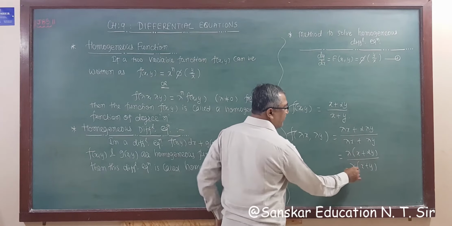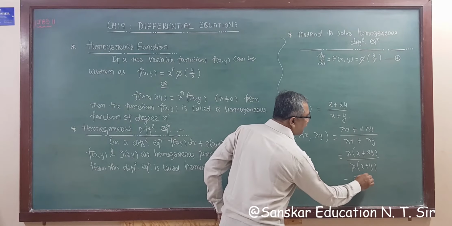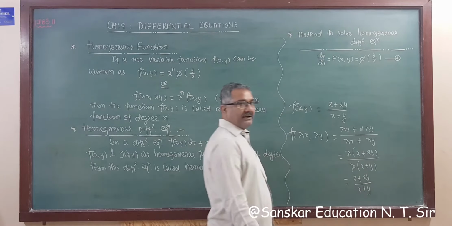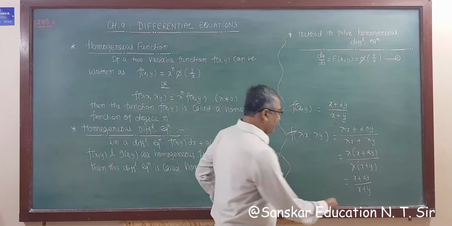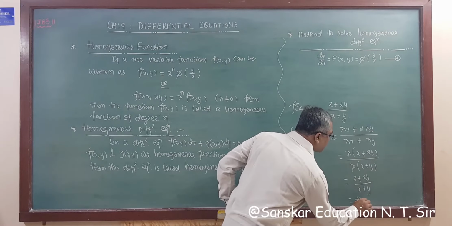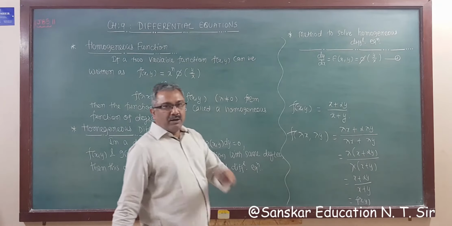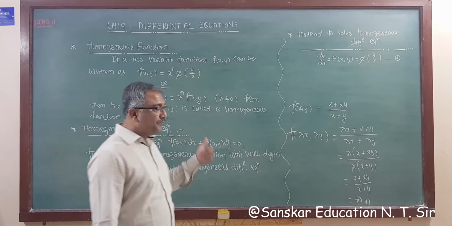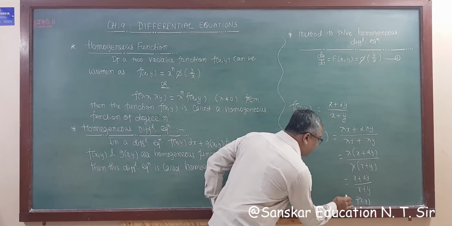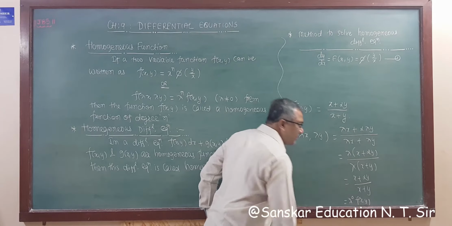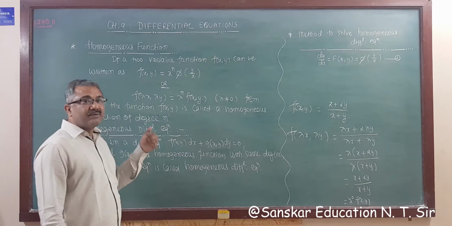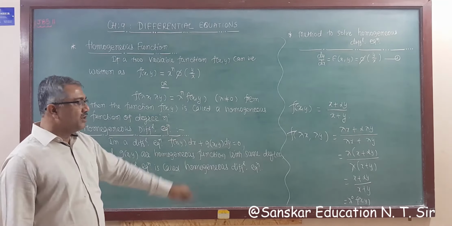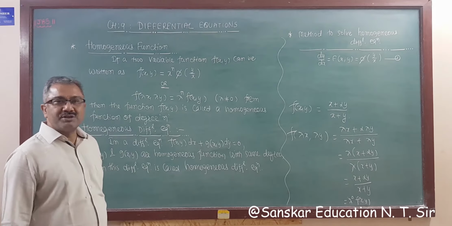This lambda will be cut, so we get x plus 2y whole upon x plus y, which is nothing but f of x, y. So here there is no lambda, that means lambda is raised to the power 0. This is a homogeneous function with degree 0, where n is 0.